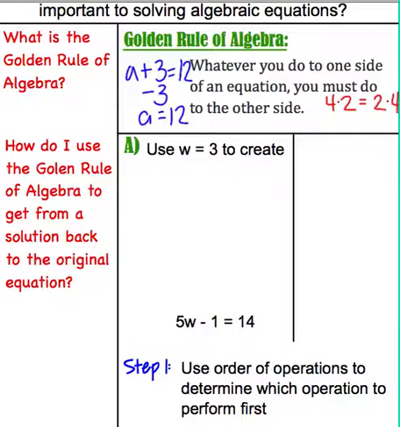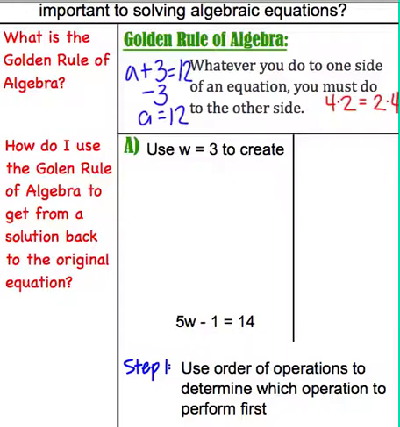Before it would have said, is w equals 3 a solution for 5w minus 1 equals 14, where we had to substitute it in and show it works. Instead, using our order of operations, we know that this is a solution, and we want to work our way backwards.